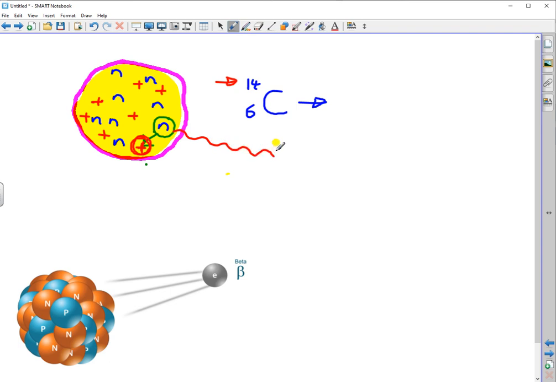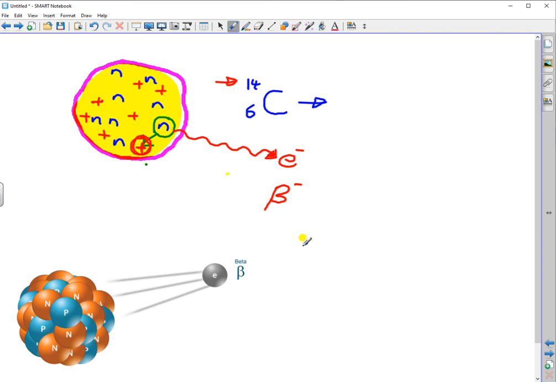And one way of thinking of a neutron is that it's actually made up of a proton and an electron. Now, this force here, which holds it all together, the strong nuclear force, only acts on protons and neutrons. It can't act on electrons. So the electron just shoots out with loads and loads of energy, and this here is a beta particle.